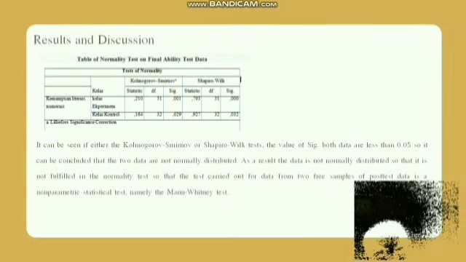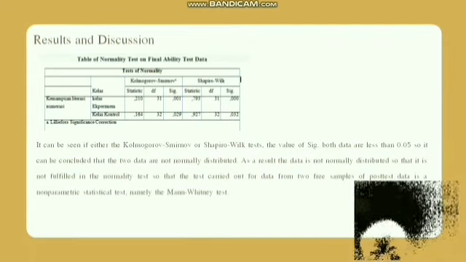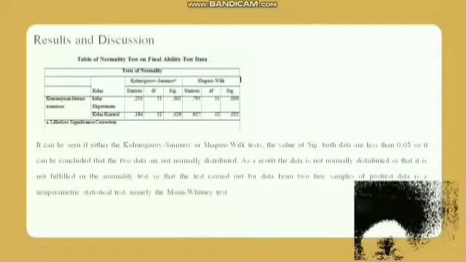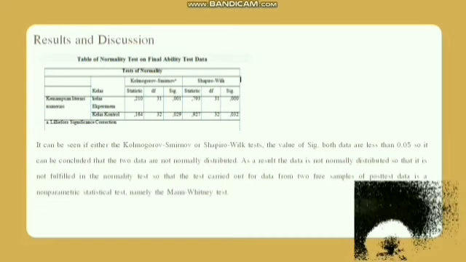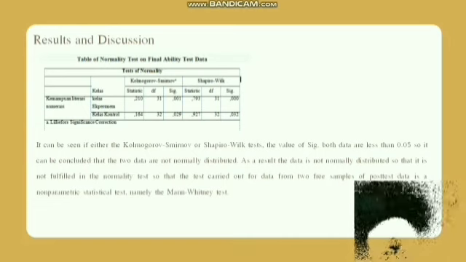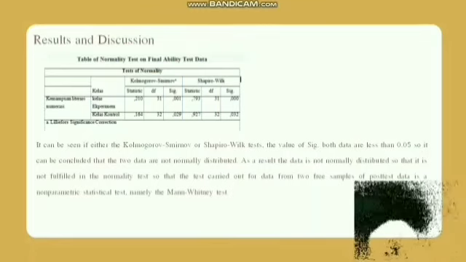As a result, the data does not fulfill the normality test, so the test carried out for the two samples of post-test data is a non-parametric statistic test, namely the Mann-Whitney test.